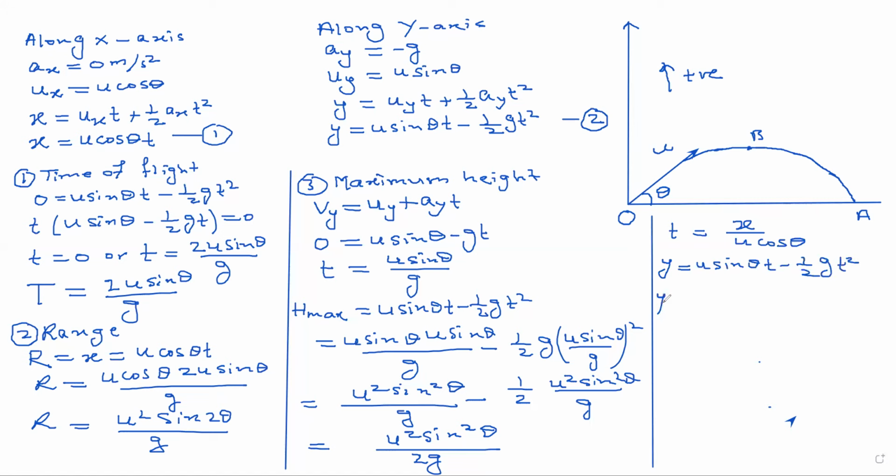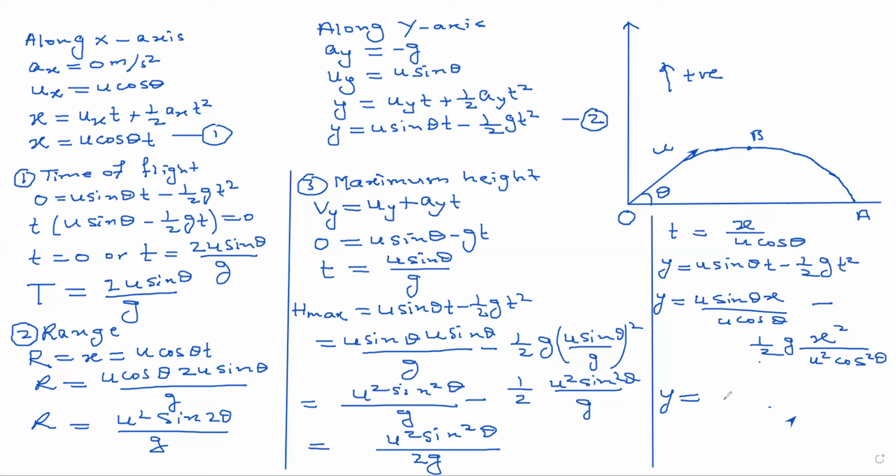When we plug in the values, Y is equal to U sine theta and T is X by U cos theta, minus half G. T square is X square by U square cos square theta. So we get Y is equal to sine, U gets cancelled out here.